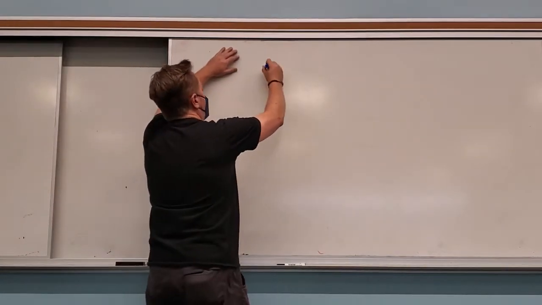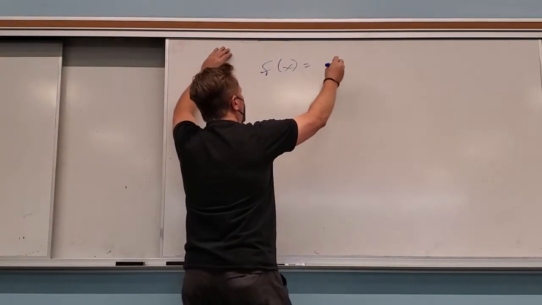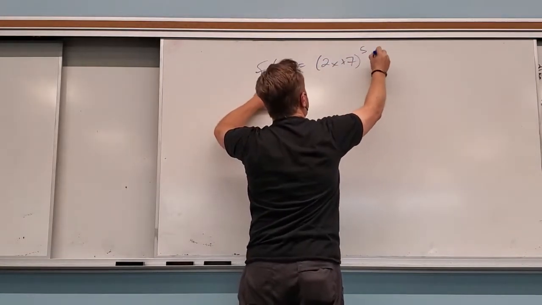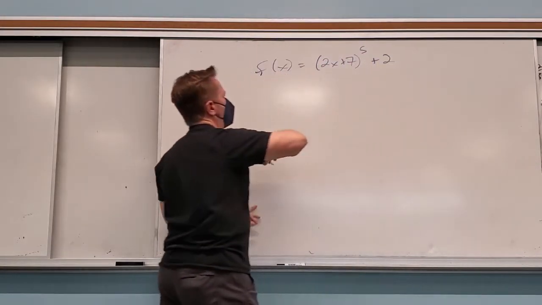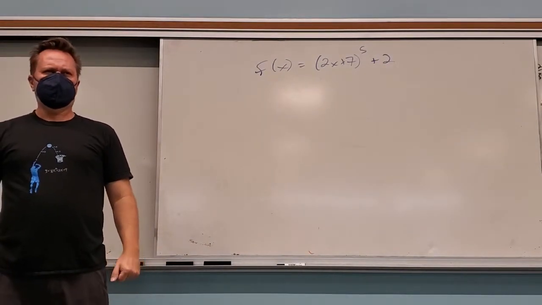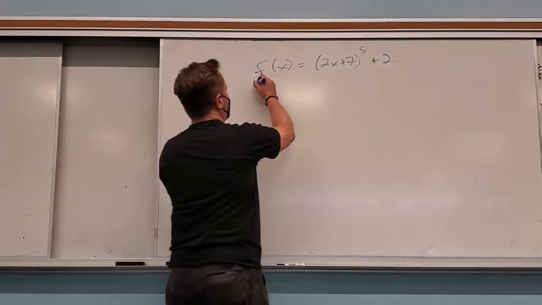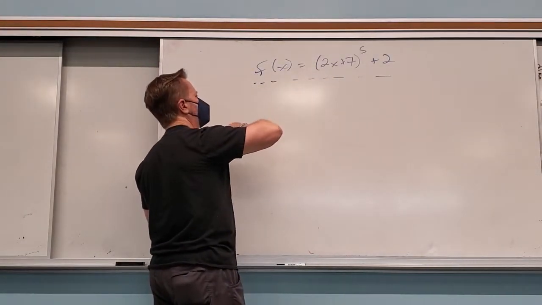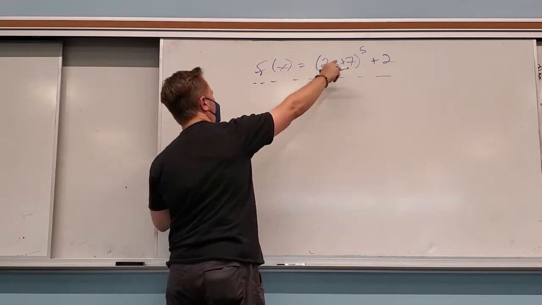So if I give you this function and I want to find its inverse, what do I do? Switch the x and y. This is y, right?